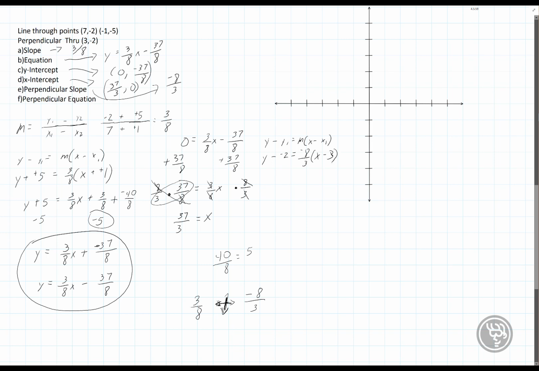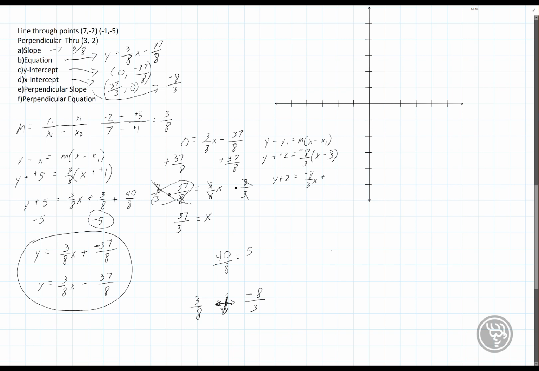So let's work through this now. All right, negative and negative become positive. So this is just going to be written as y plus 2 is equal to minus 8 over 3x. And if we multiply these things, the 8 and the 3, by the way, this is negative and negative, so you're going to have a positive.